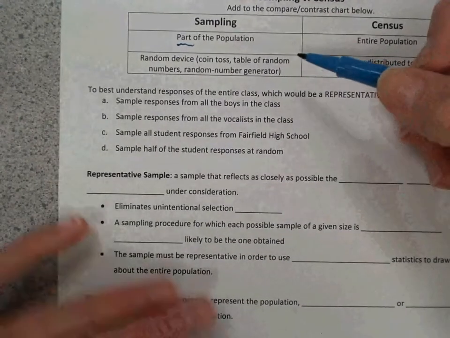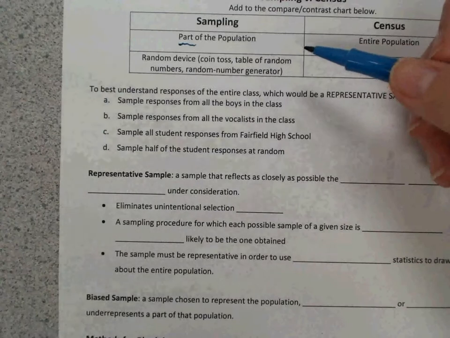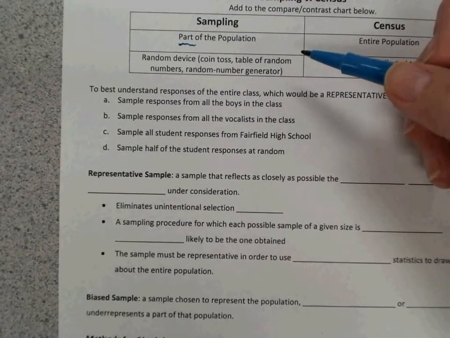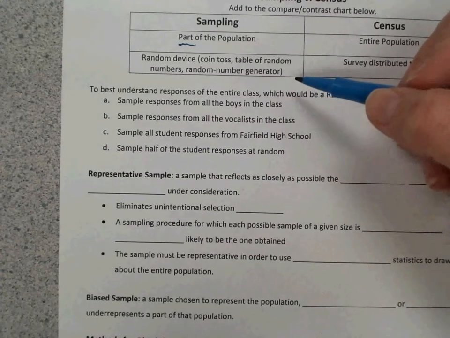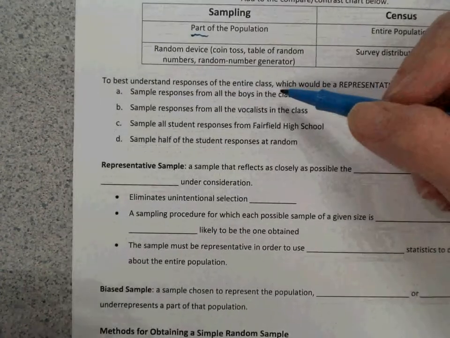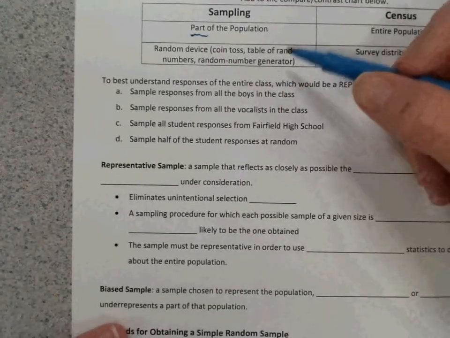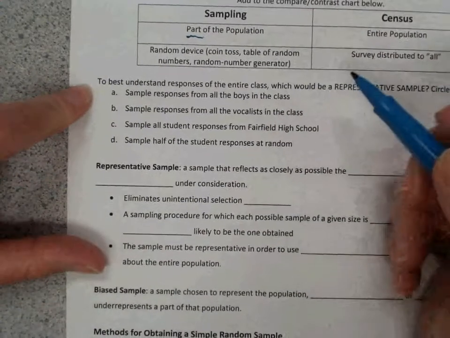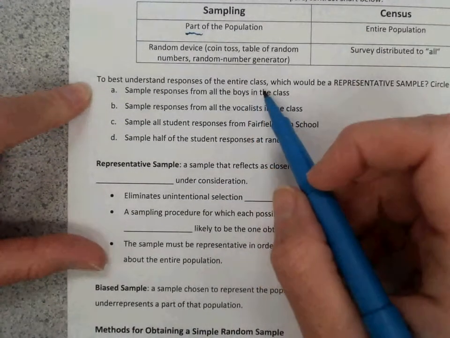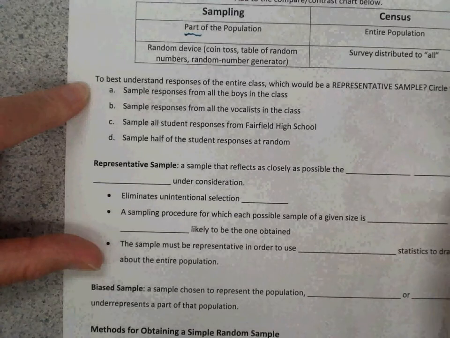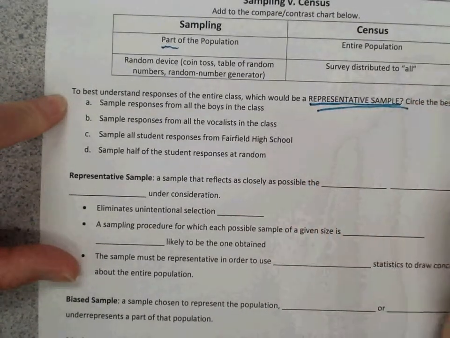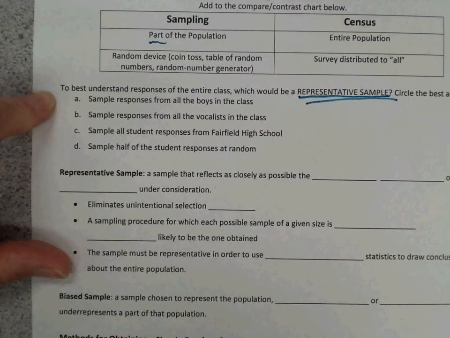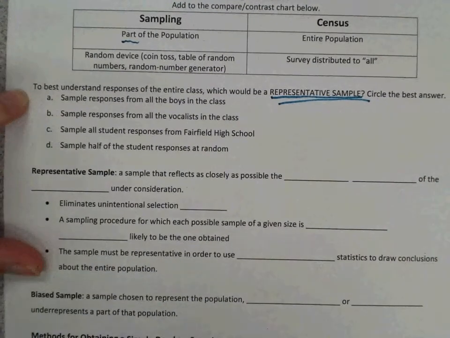We do this by using random devices such as a coin toss, a table of random numbers, a random number generator, a variety of different ways to do a sampling. To best understand responses of the entire class, we want a representative sample, and that is the key to being able to draw accurate conclusions about a population based on a sample.